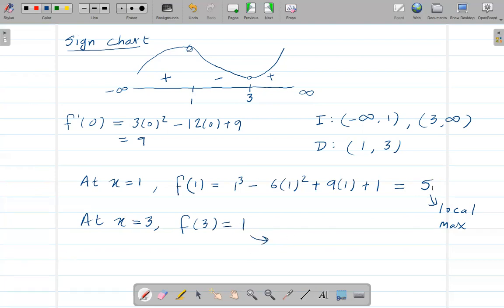Or simply you can say the local maximum point is 1 comma 5, and the local minimum is 3 comma 1.